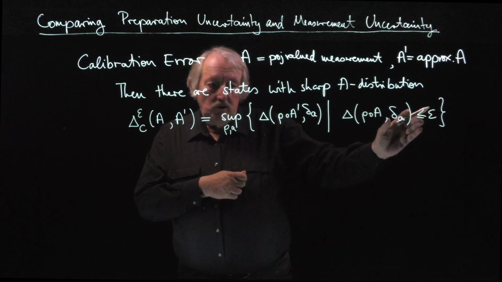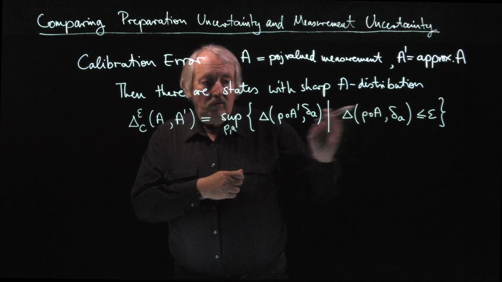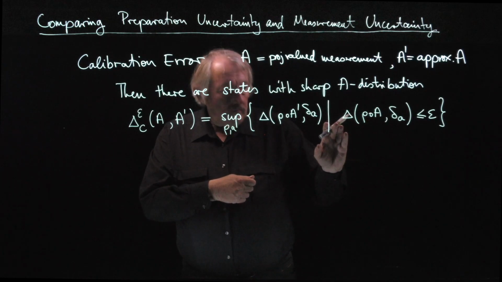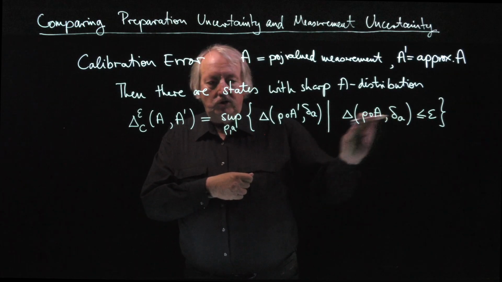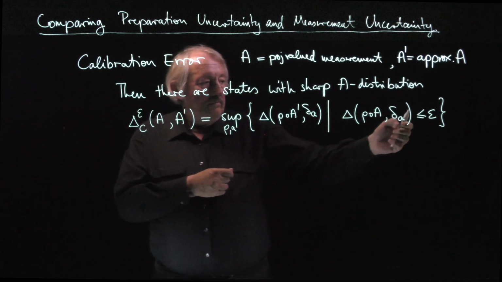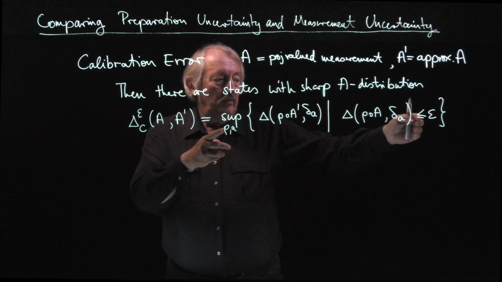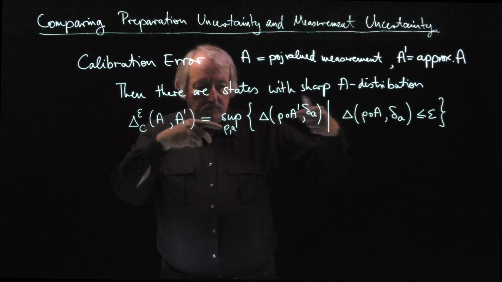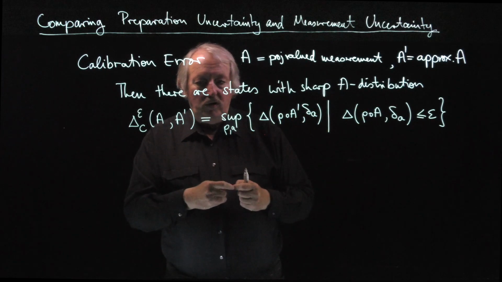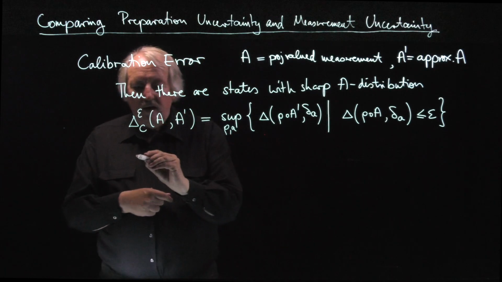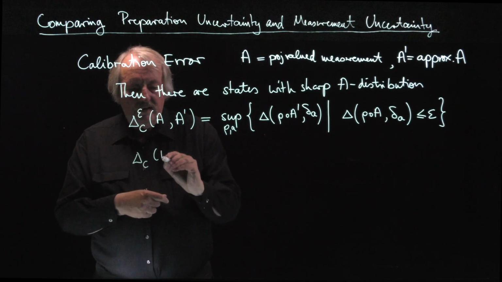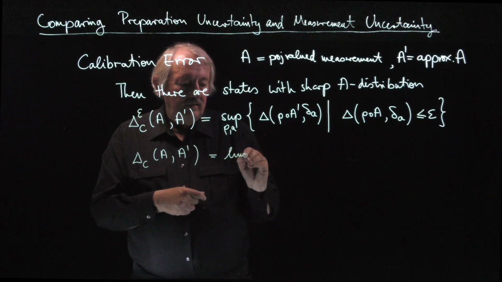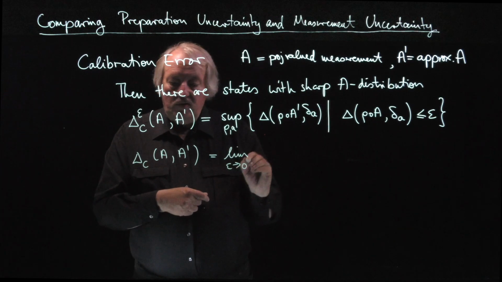For a position measurement, you couldn't, because there's no state that has zero variance in the Hilbert space. But so just say this is very sharp, right? And then you can see from the structure of the supremum, if I increase the epsilon, the number of states that I take the supremum over becomes smaller, so the number becomes smaller. And so delta C of A and A prime is just the limit as epsilon goes to 0 of these guys.